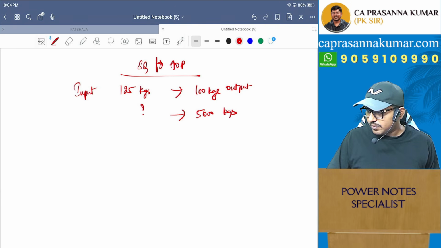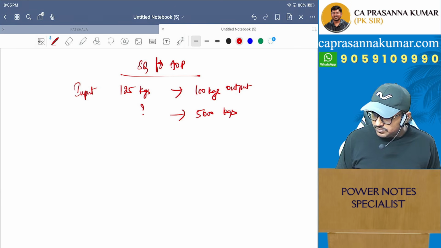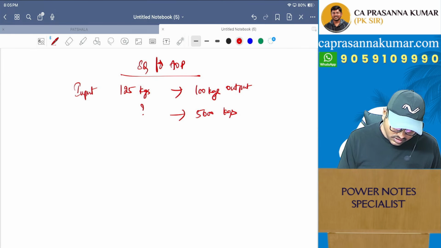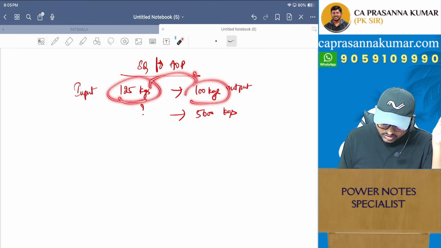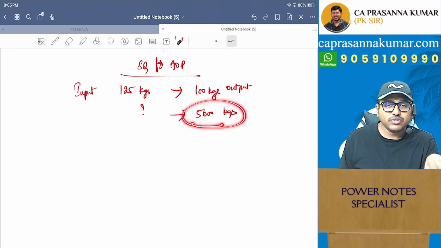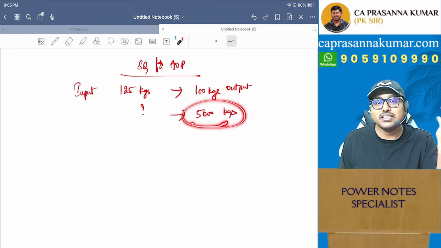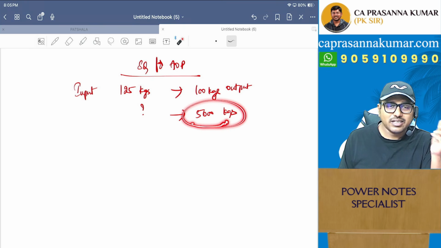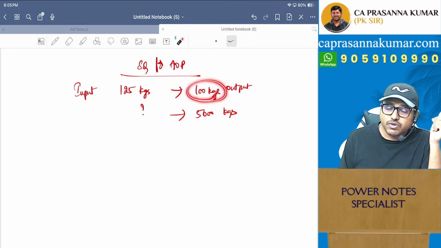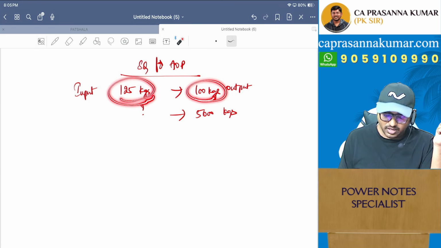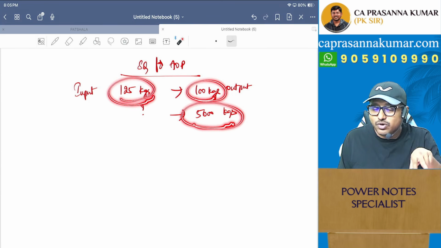The logic is very simple. 125 kgs of input should give rise to 100 kgs of output. That is what is allowed. So if you have actually manufactured 5600 kgs of output, how much should have been the input? SQ is nothing but what is allowed for output. For 100 kgs of output, 125 kgs is allowed. For 5600 kgs of actual output, how much is allowed?